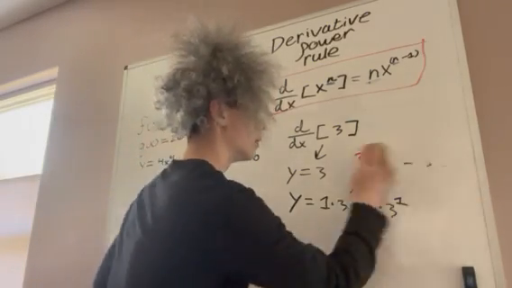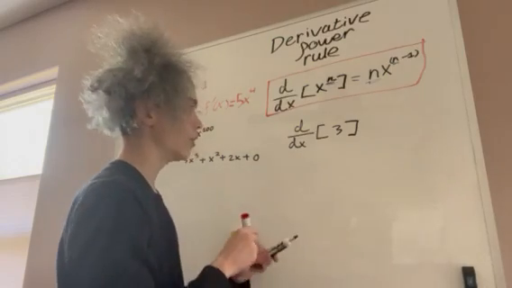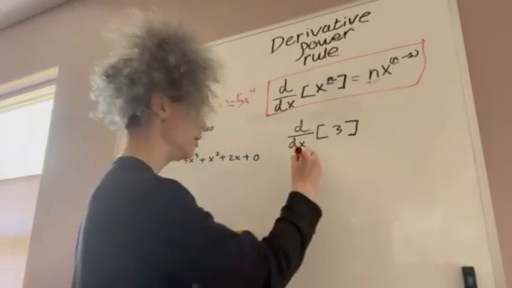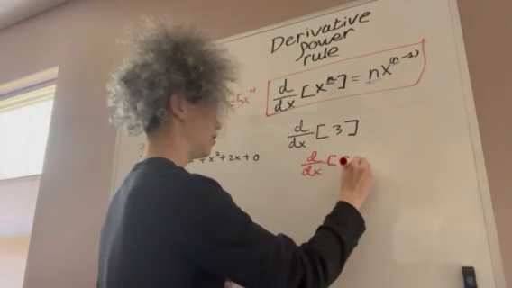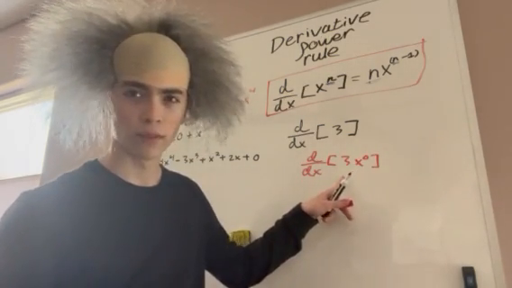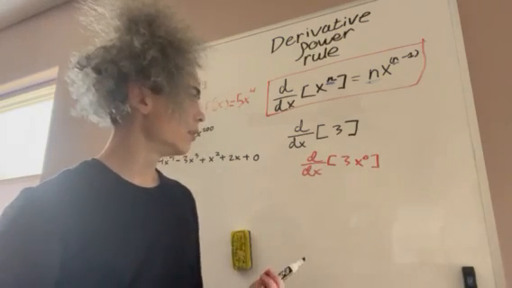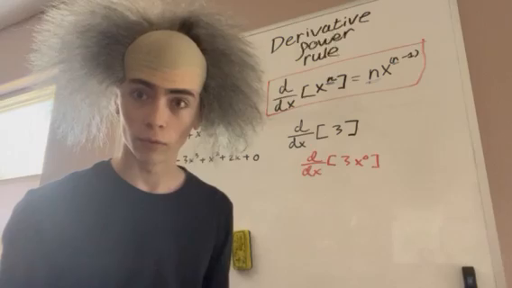Now, if we know that the derivative of a constant is 0, but we also know that the derivative of 3 is going to be that derivative with respect to x of 3 times x to the 0th power, you don't usually write this out. That's a lot of work and it's confusing, and from now on it's going to be assumed because it's the reason why this power rule works.